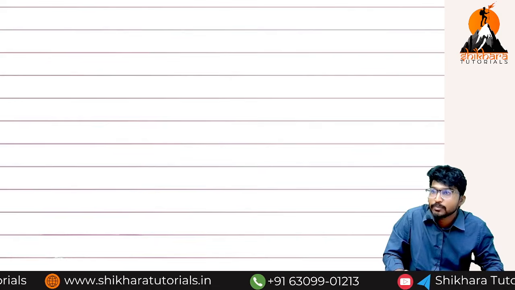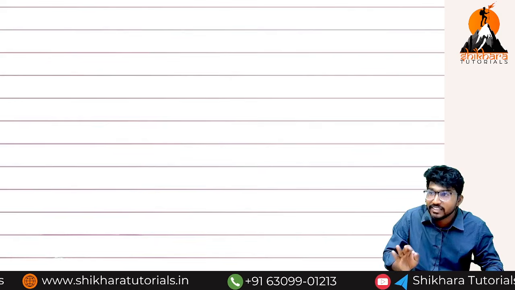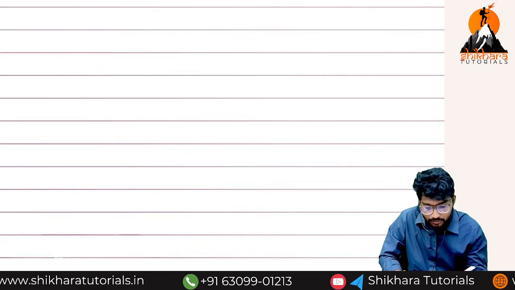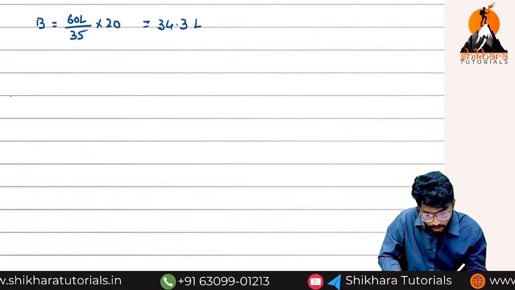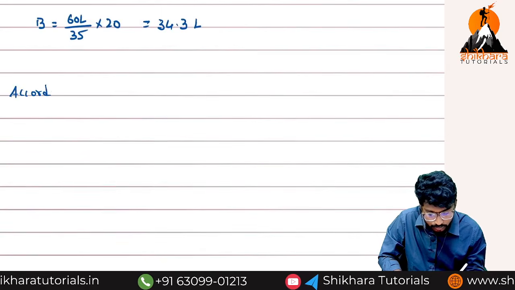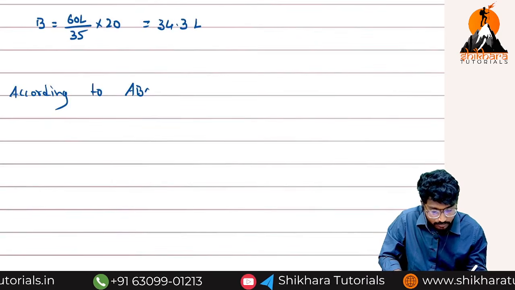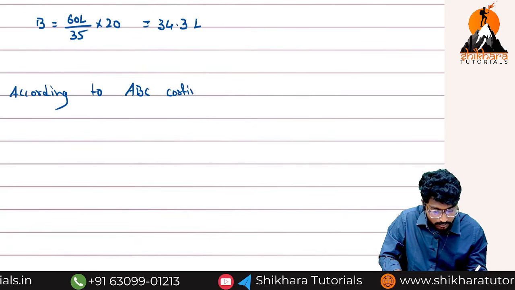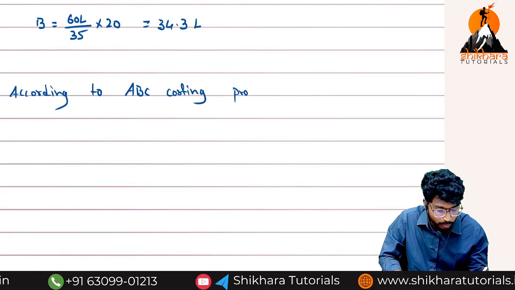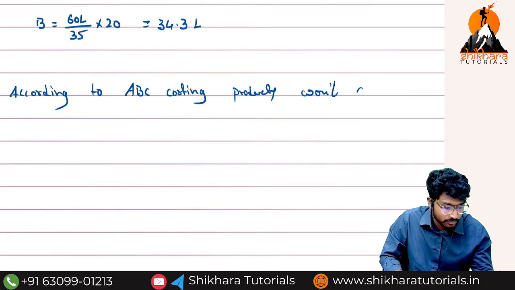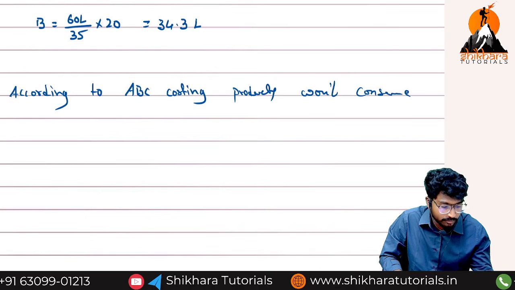As per activity based costing system, what will it say? Products won't consume the cost. According to ABC costing, products won't consume cost.